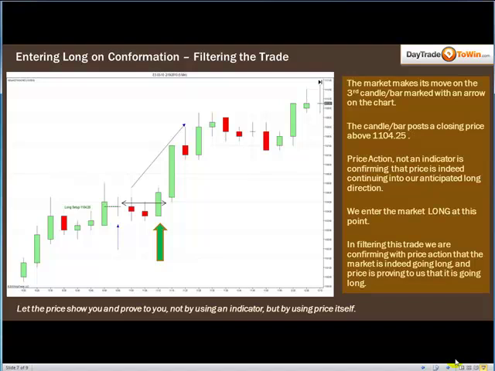So in filtering this trade, we are confirming with price action that the market is indeed going long, and price is proving to us that it is going long. So let price show you, not an indicator, but using price itself, we have now filtered this trade to the long side.